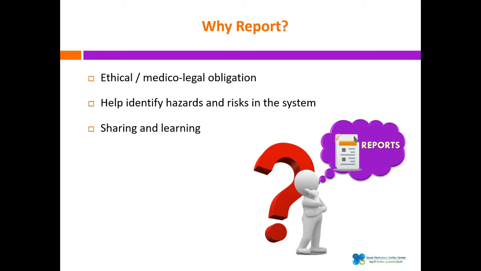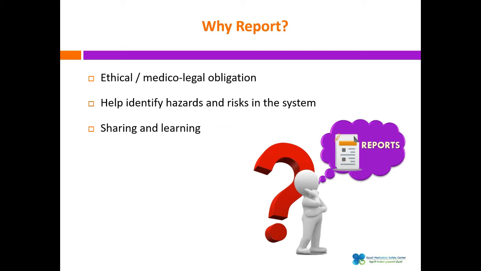But reporting potential errors is a very proactive way of making the system safer for everyone. And actually, potential errors are probably 200 to 300 times more likely than actual errors. And it's important that we share and learn from our experiences. If an error happens in one organization, sharing it can reduce the risk of it happening around the world.